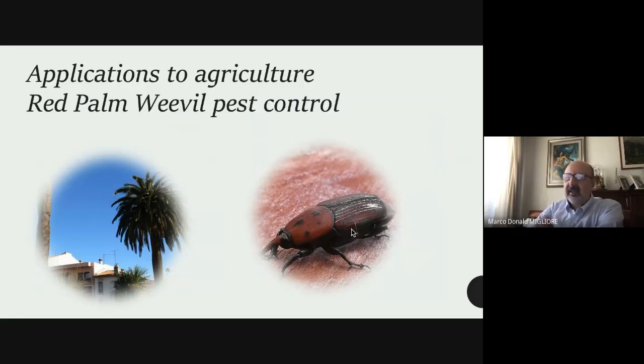This is another application. This is the application for the red palm weevil pest control that in Italy, and not only in Italy, in all the Mediterranean area, has been and is a really great problem, because a huge number of palms have been destroyed.